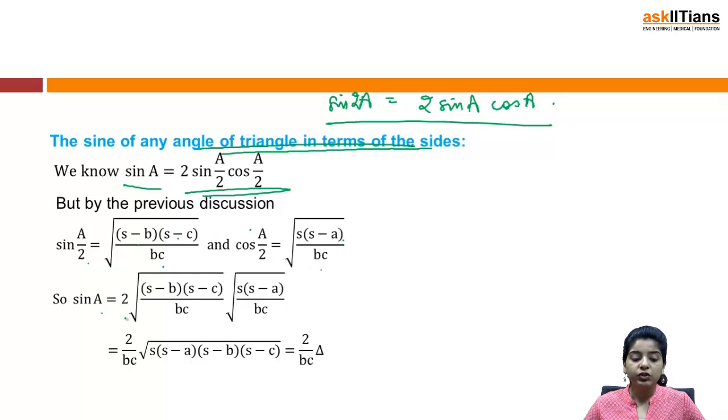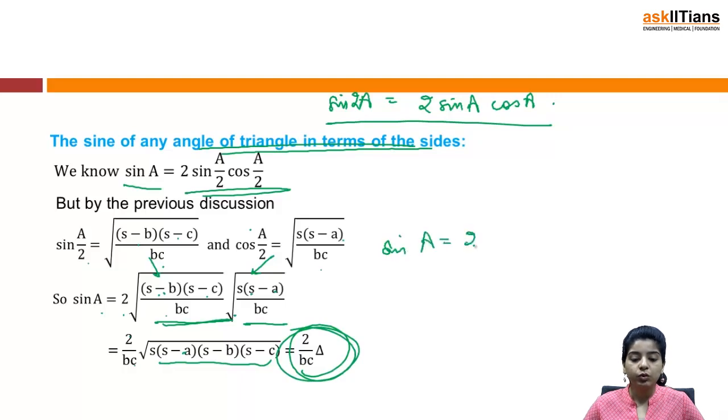Therefore, putting these values, this finally becomes 2 by bc, bc comes out, and we have under root s(s minus a)(s minus b)(s minus c), and therefore this is equal to this value. So sine of an angle of a triangle in terms of sides is equal to this.